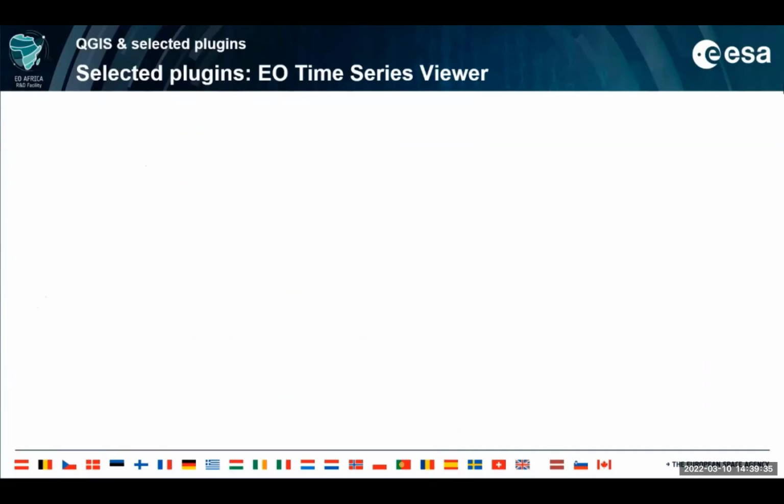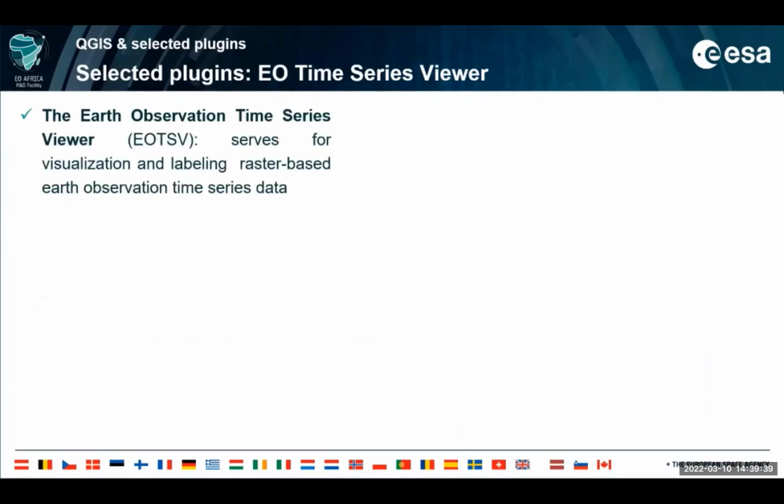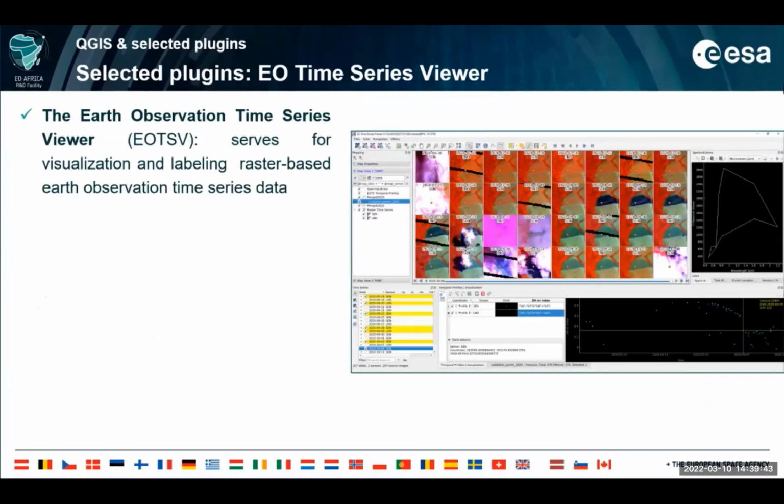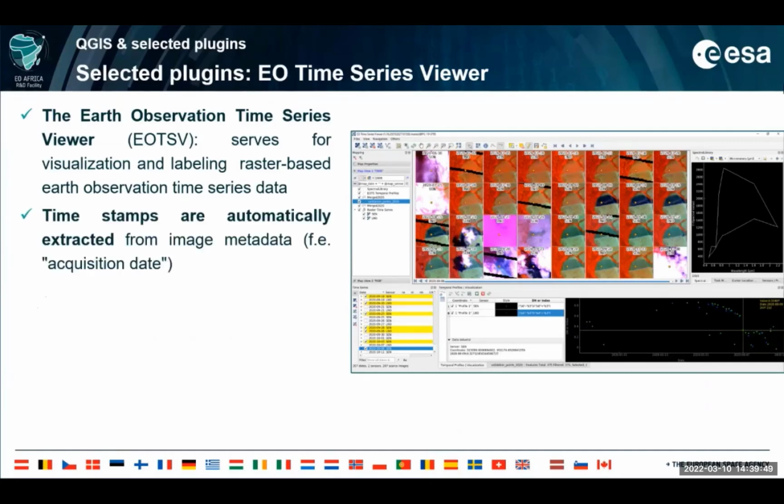The Earth Observation Time Series Viewer is the last plugin that I will show you today. It is used for visualization and labeling raster-based Earth observation time series data. This plugin is a very handy tool when you would like to visualize multi-sensor time series of Landsat 7 and 8, Sentinel-2, RapidEye, and Pleiades observations.